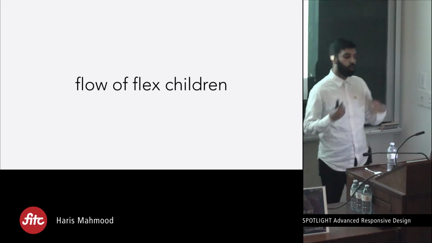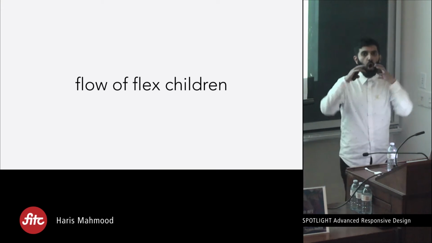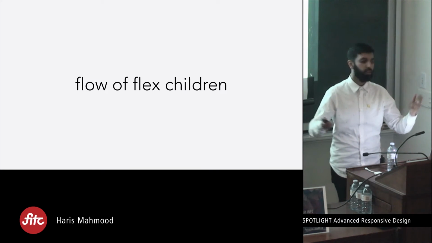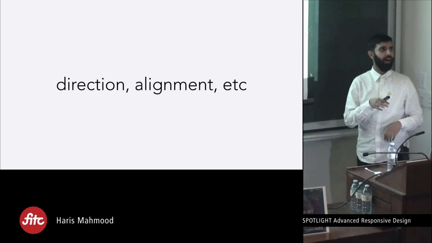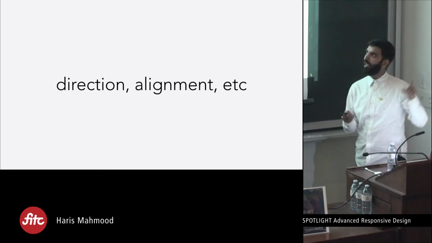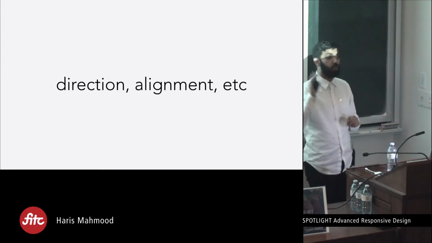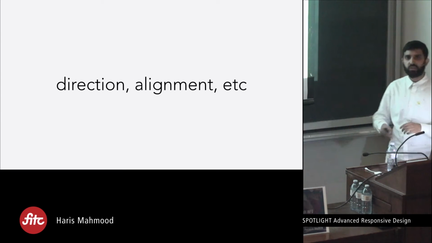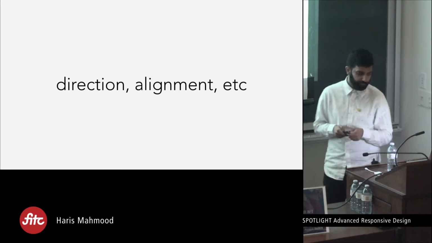You're paying attention to how all these items inside this container are going to flow. And that pertains to direction first and foremost, and then also alignment and a whole bunch of other stuff that we saw in our talk earlier.